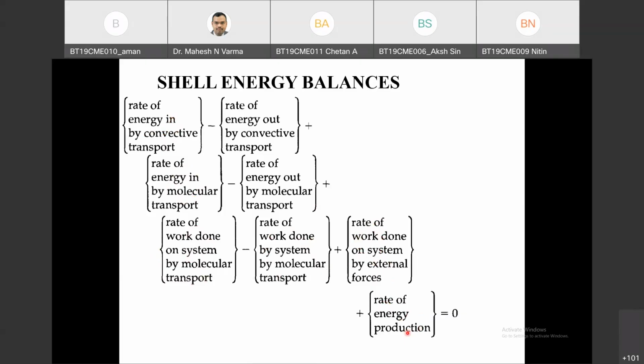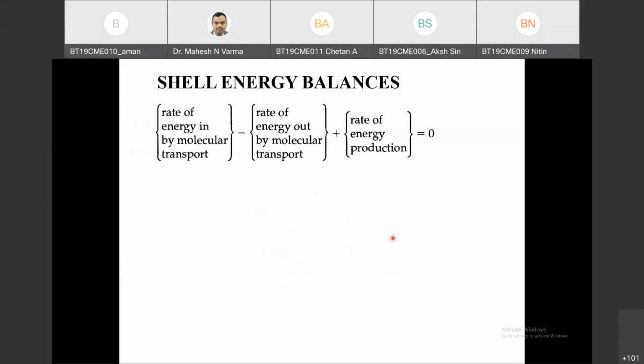Here the rate of energy is produced because of loss of electrical energy, sometimes loss of chemical energy, sometimes loss of some other energy. So overall energy balance equation is: rate of energy coming in by molecular transfer, minus rate of energy going out by molecular transfer, plus rate of energy production.